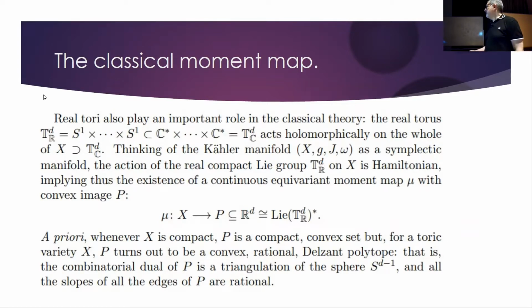If this was compact, this will be a compact, convex, rational Delzant polytope. That is to say, it's a combinatorial dual of a triangulation of the sphere S^(d-1), and all the slopes of all the edges are rational. This rationality condition is what characterizes classical toric geometry.